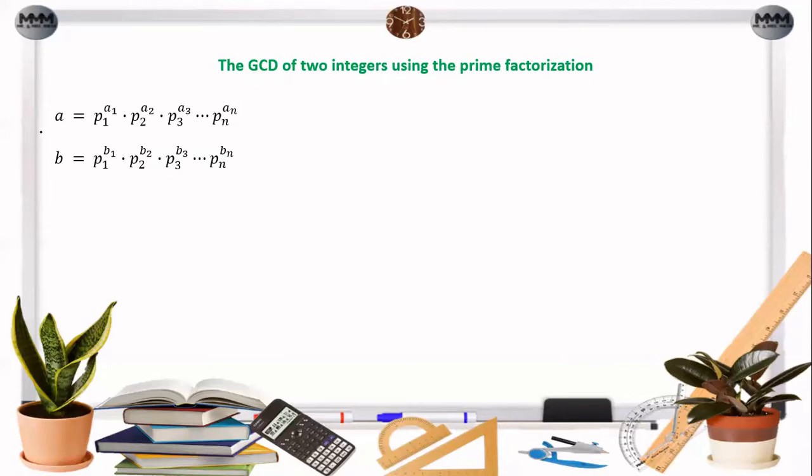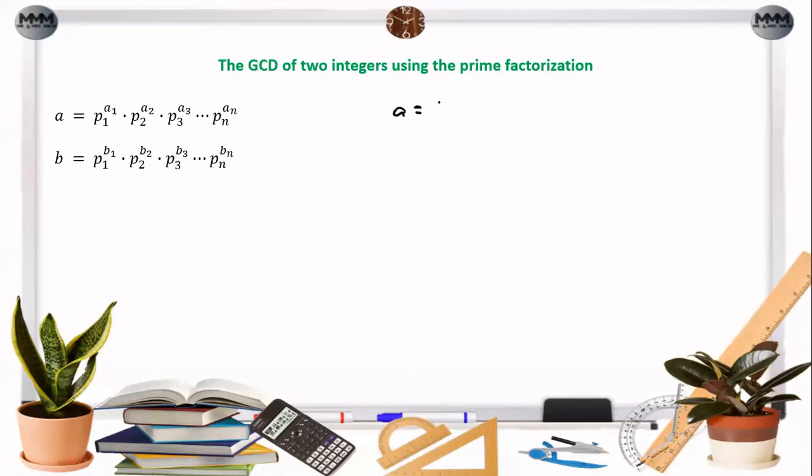So actually, we use the method prime factorization for this. We have this one where P1, P2, P3, up to Pn are distinct prime numbers.